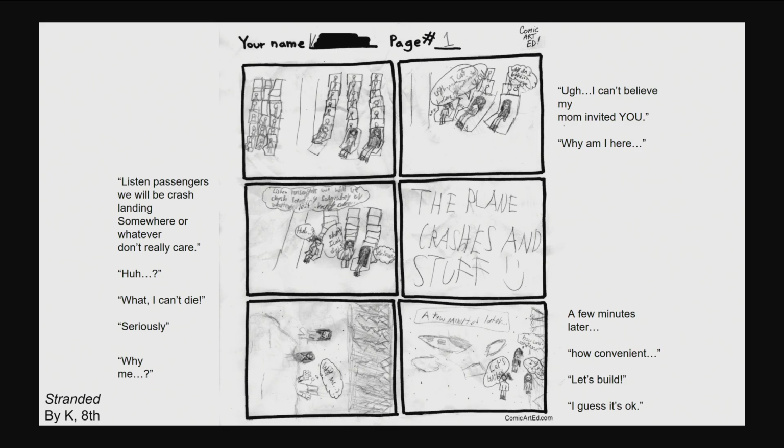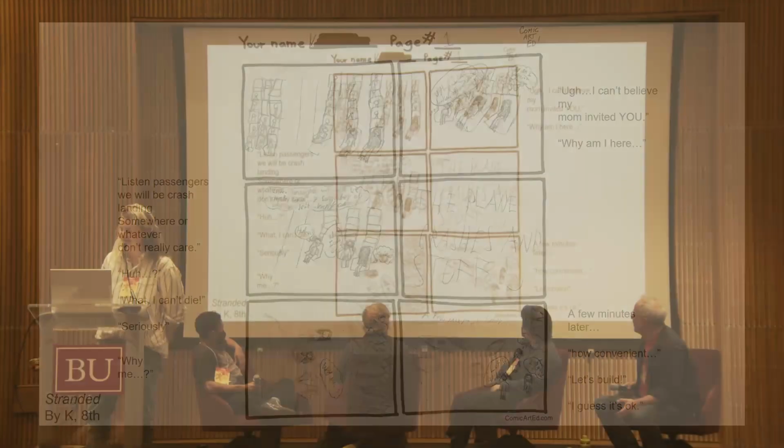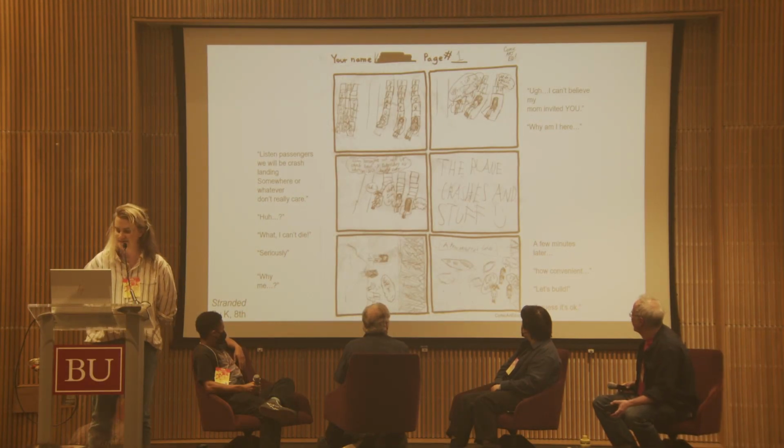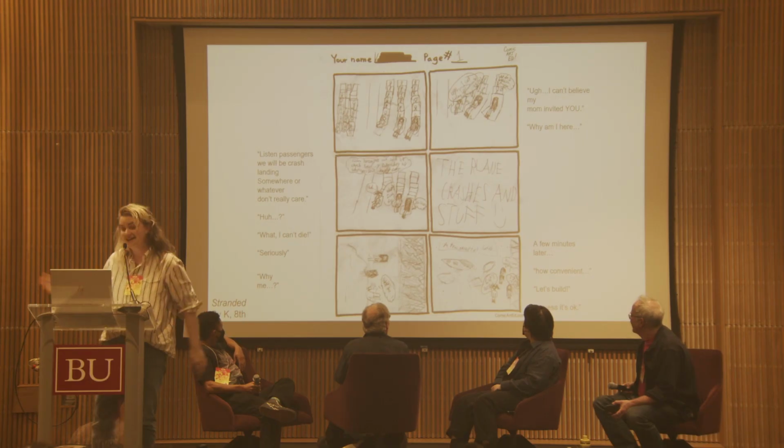"Huh? What? I can't die. Seriously?" Panel 4, "The plane crashes and stuff." Smiley face. Panel 5, "Why me?" And panel 6, "A few minutes later. How convenient. Let's build. I guess it's okay."